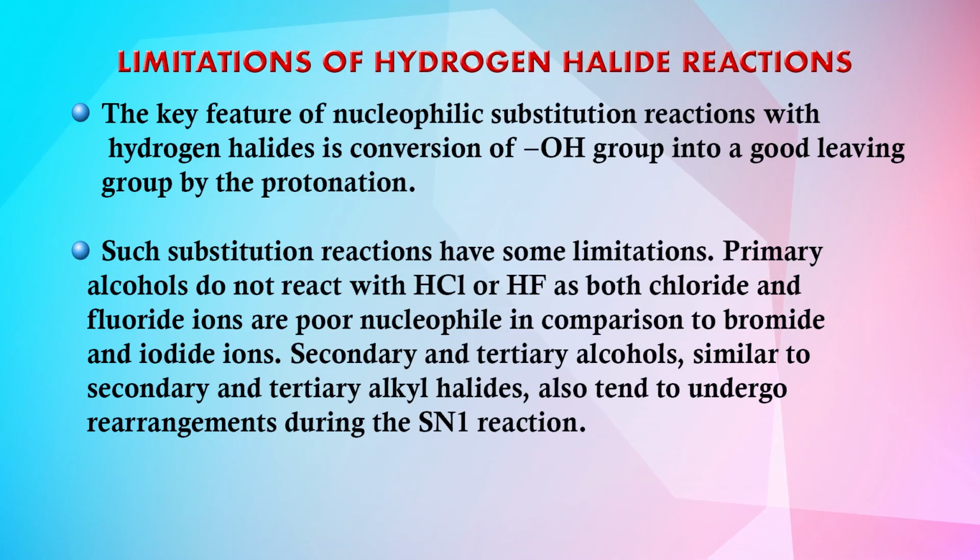The next point we have to keep in mind is that secondary and tertiary alcohols, similarly secondary and tertiary alkyl halides, also tend to undergo rearrangement reactions during SN1 reaction.